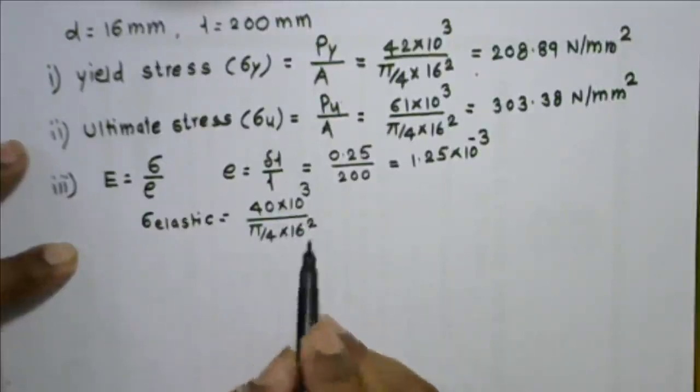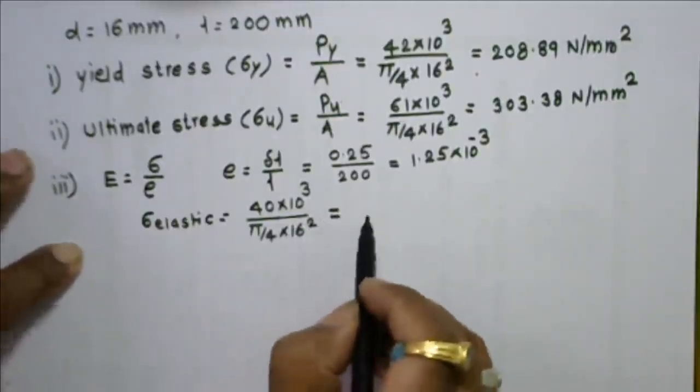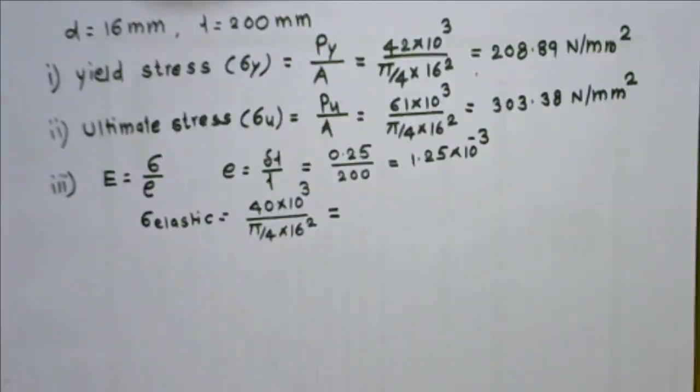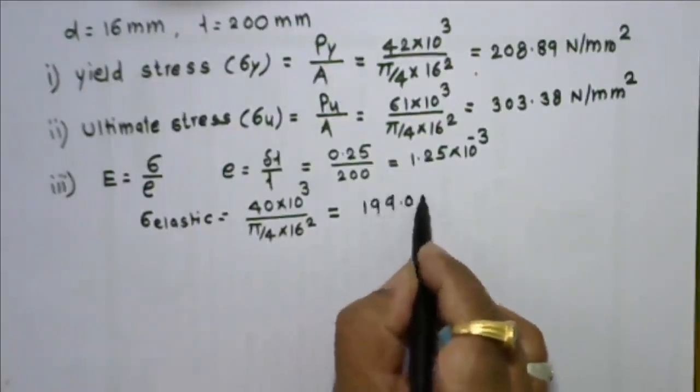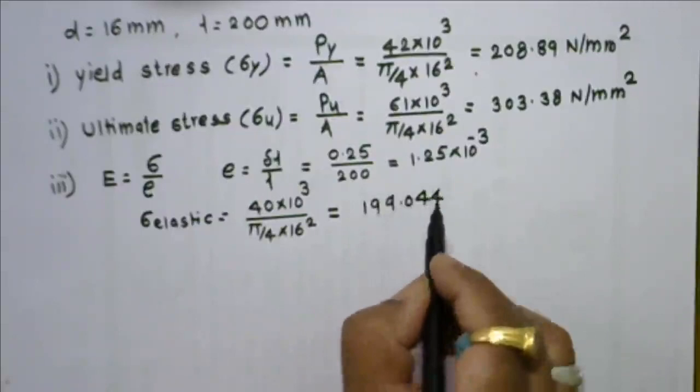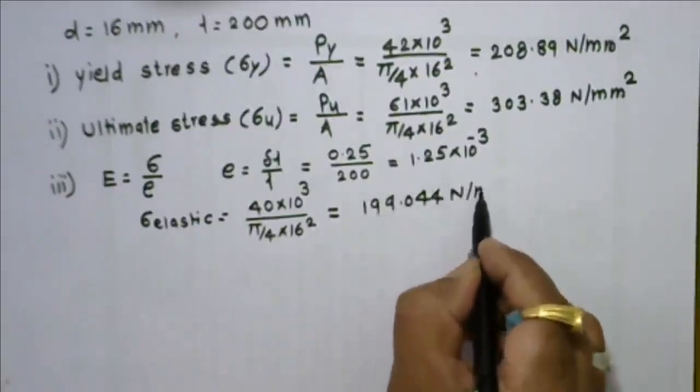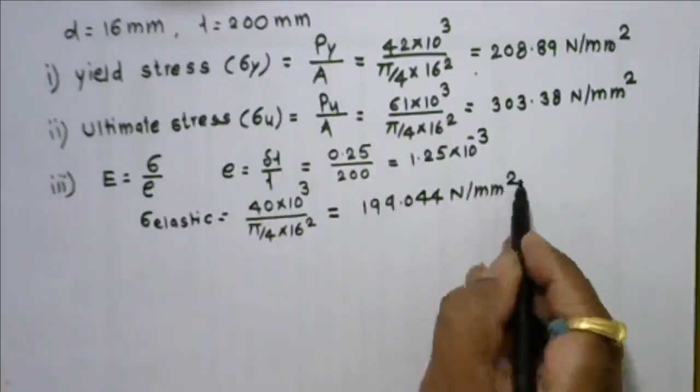You will get 199.044 Newton per mm squared.